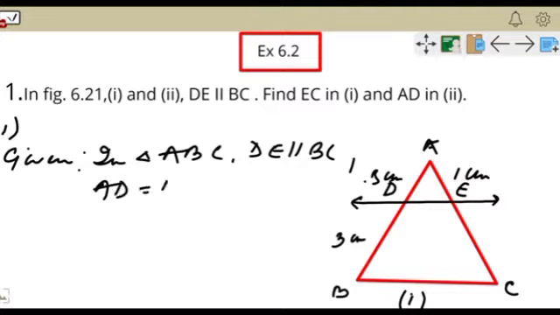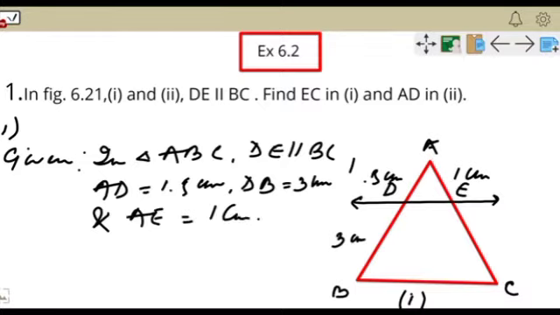AD is 1.5 centimeter. DB is 3 centimeter. And next we have AE is 1 centimeter. I have completed writing the given.